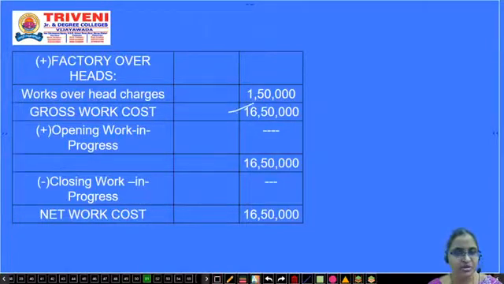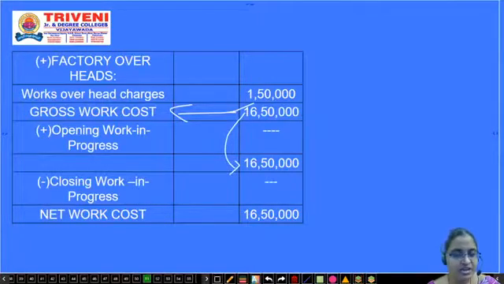It is named the gross work cost. Next, add opening work in progress. But in the sum, the opening work in progress was not given, so the same amount was carried forward, 16 lakh 50,000.